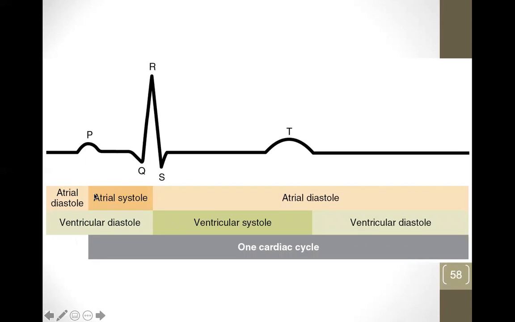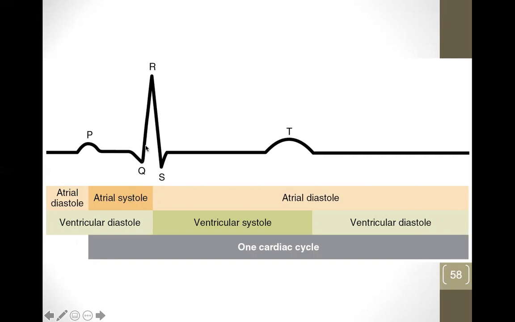So here is where we have atrial systole, because remember, systole means the heart is contracting, and we just depolarized all the atrial heart cells, the myocytes. So we have atrial systole occurring, but the ventricles are still at rest, right? So we are actually contracting the atria first.